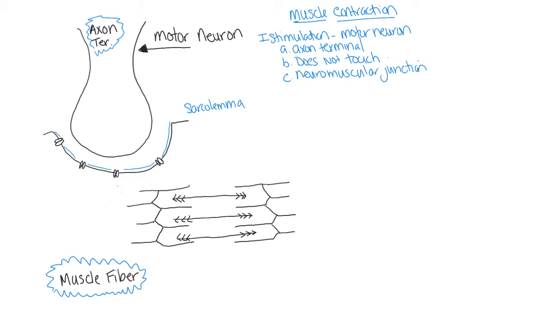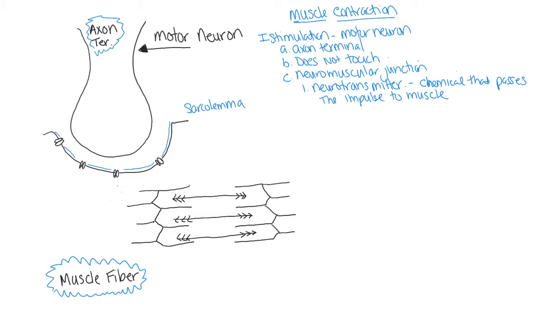Right, and our neuromuscular junction is the space where the axon terminal comes close but doesn't touch the sarcolemma of the muscle fiber. In this neuromuscular junction, to have the impulse jump, we need to have some type of neurotransmitter, which is a chemical that passes the impulse to the muscle.